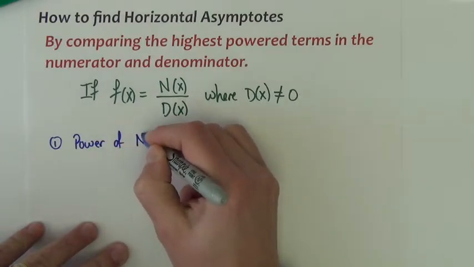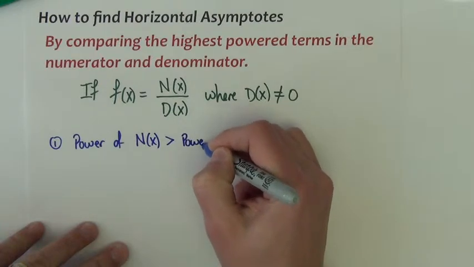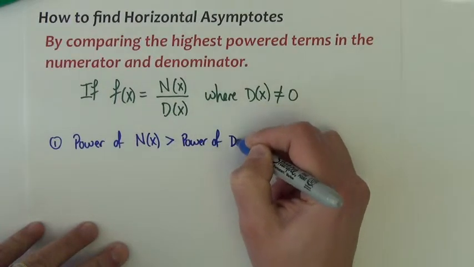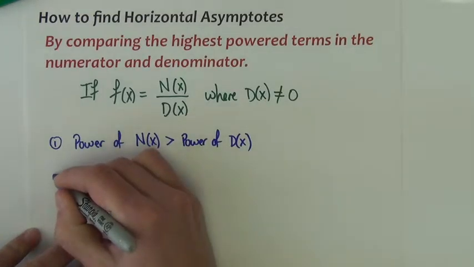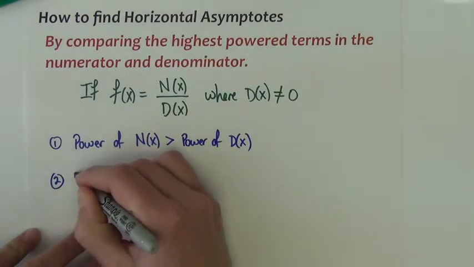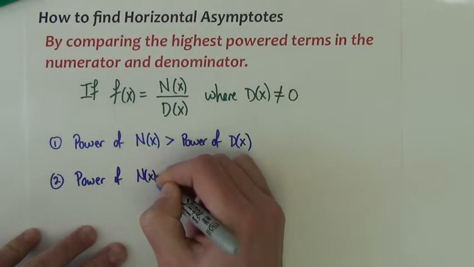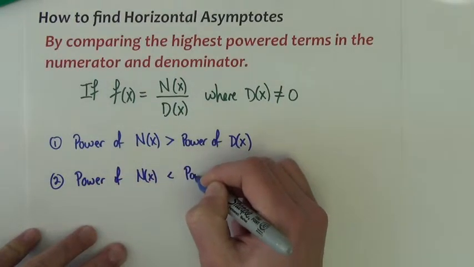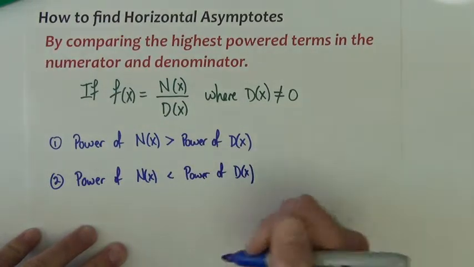The power of n of x can be bigger than the power of d of x. The power of n of x can be less than the power of d of x. That could happen.